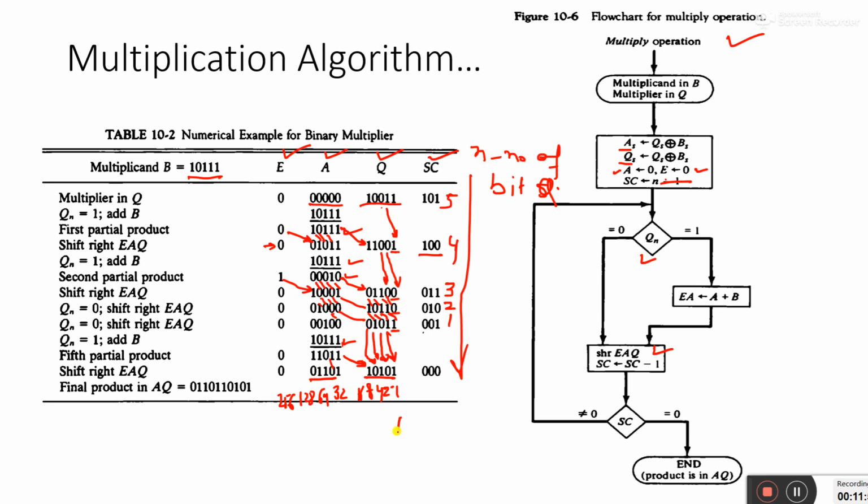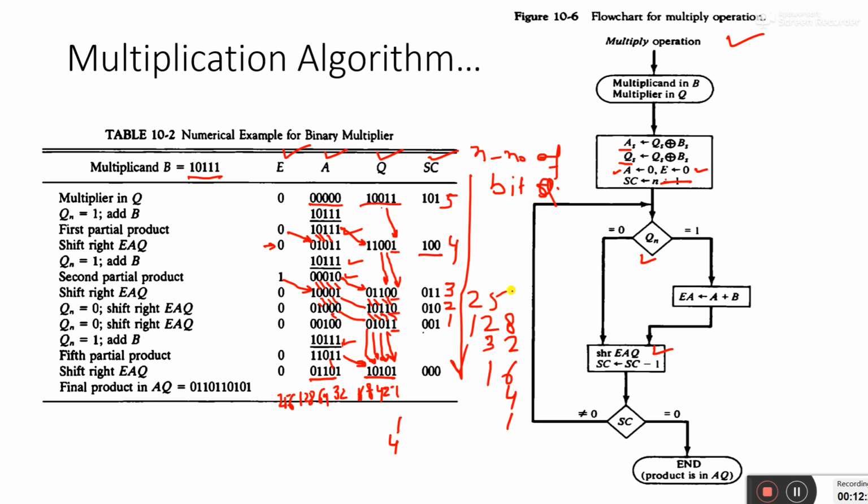So my 1 is here, and then 4, then 16 is here, 32 is here, then 128 is here, and then 256 is here.